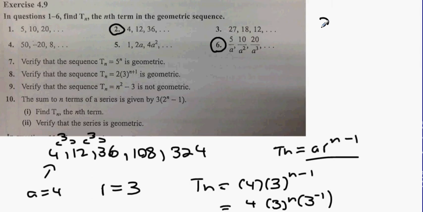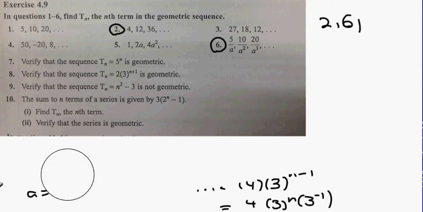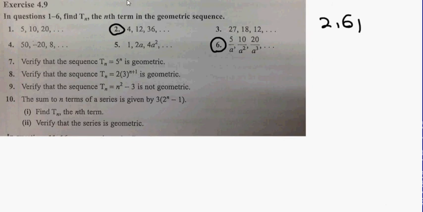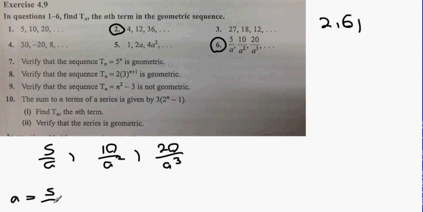So we've done 2, followed by question 6. Now, in question 6, we can see that this is also a geometric series. So we have 5 over a, followed by 10 over a squared, followed by 20 over a cubed. Now, what we're going to realize is that the initial amount, or now they're using the letter A to confuse you, the initial value is 5 over A. Okay?